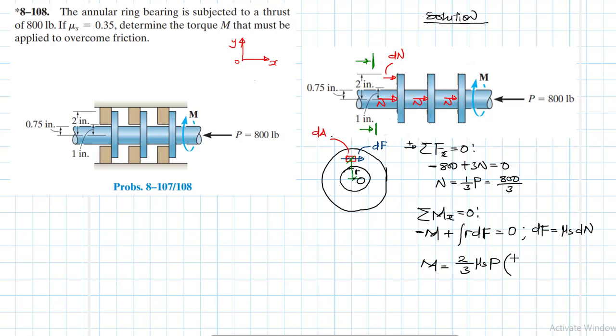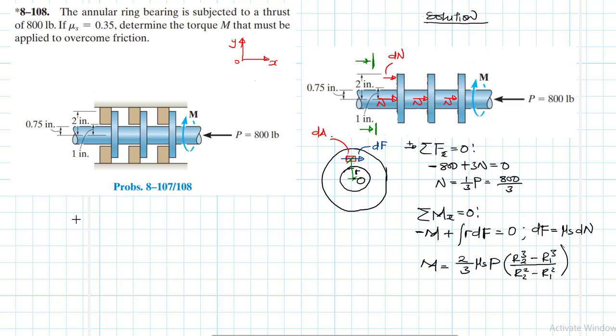Then times R2 cubed minus R1 cubed divided by R2 squared minus R1 squared. So this is the equation that we're going to use.